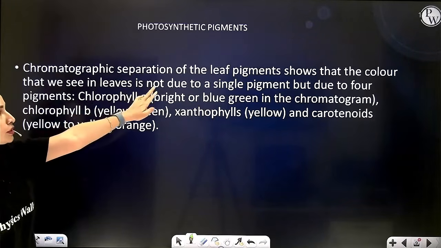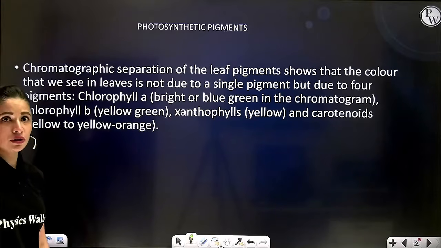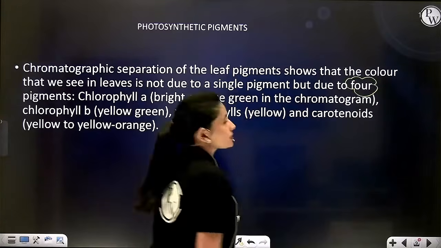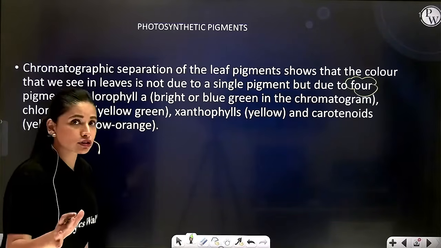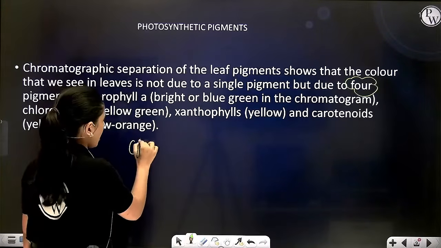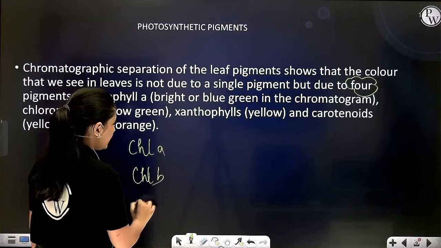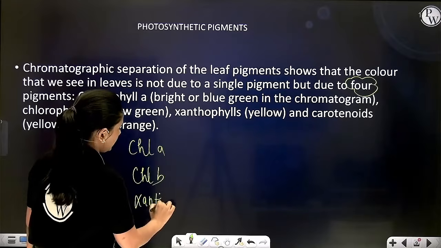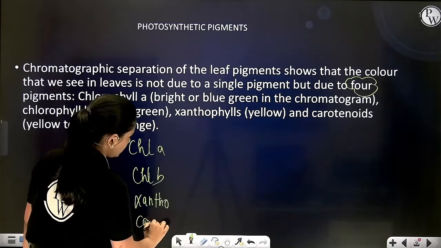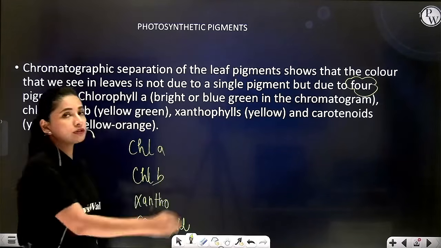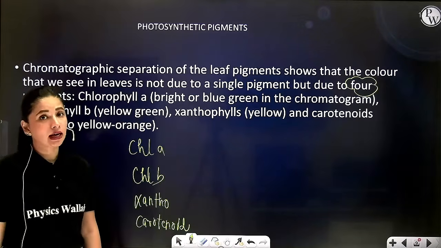Chromatographic separation of the leaf pigments shows that there are 4 photosynthetic pigments, and the list of 4 photosynthetic pigments is chlorophyll A, chlorophyll B, xanthophyll and carotenoids. And all these 4 pigments have different colors.